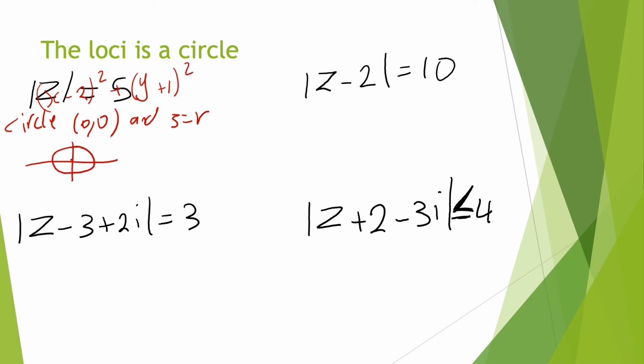This one here has a difference with that number, so you need to prepare your expression first before you can find the center of the circle. Because we know these types of loci give us a circle, we need to find the center and the radius.